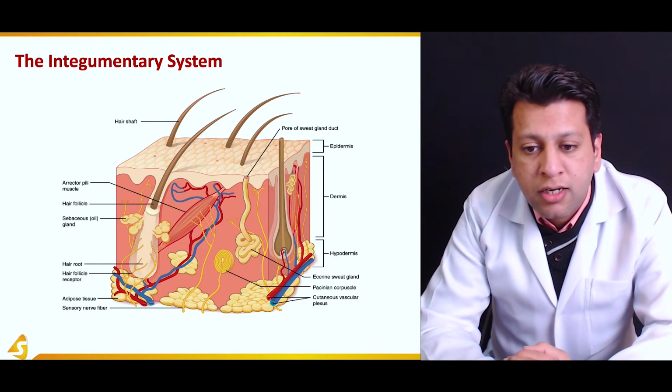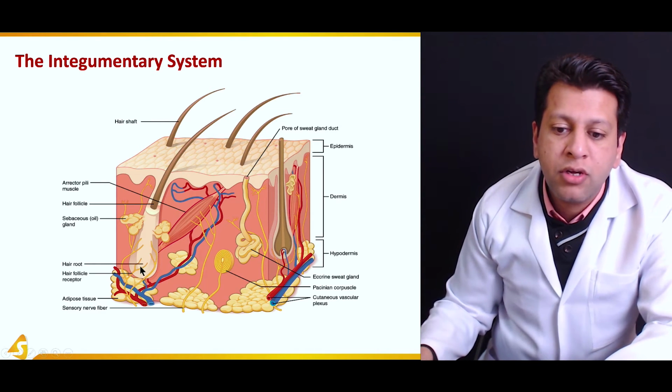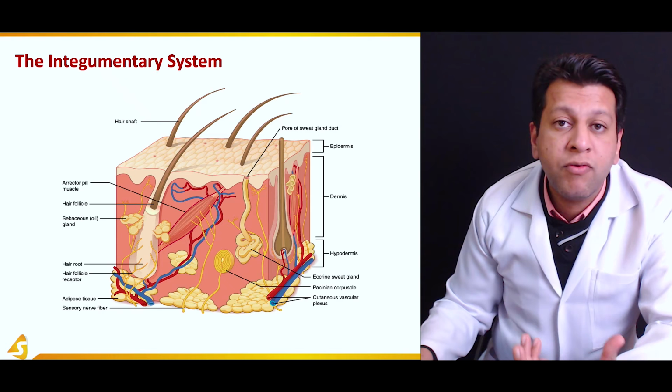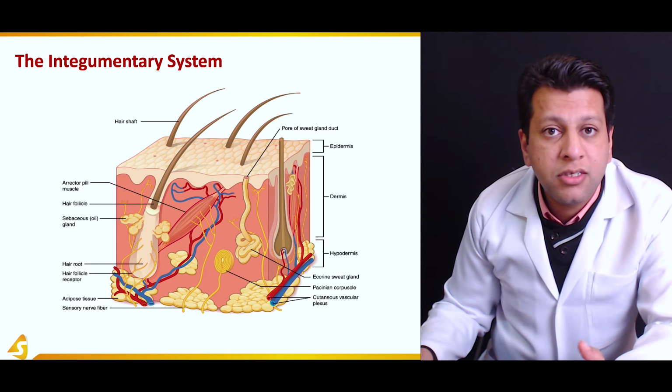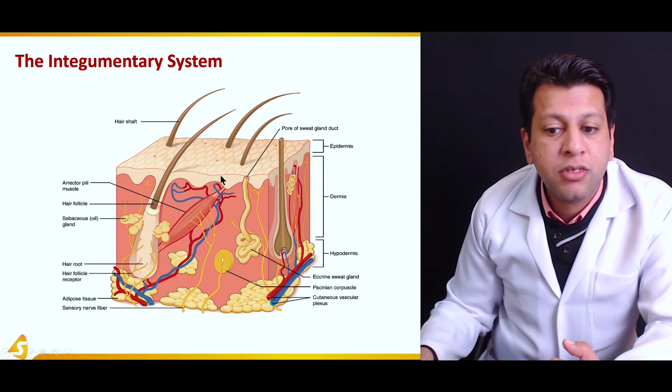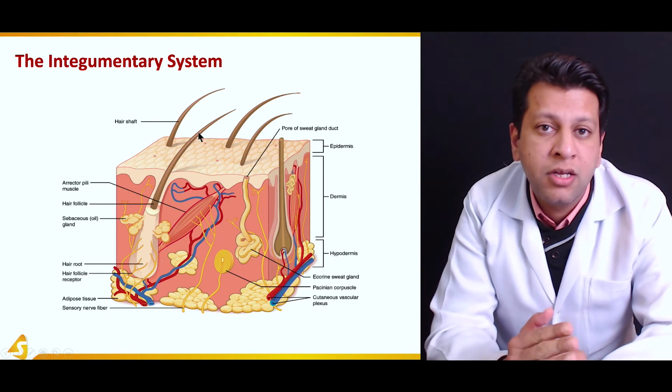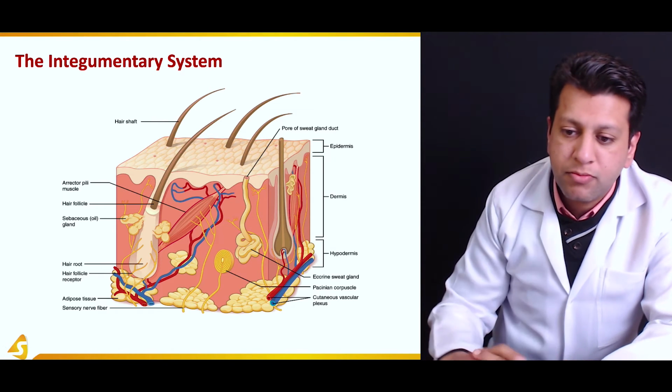When it contracts, it causes the hair follicle to be displaced, resulting in the straightening of the hairs, and we have goosebumps. Whenever we are exposed to cold, this results in contraction of this muscle, and this contraction makes the hair stand up on our skin, resulting in goosebumps.